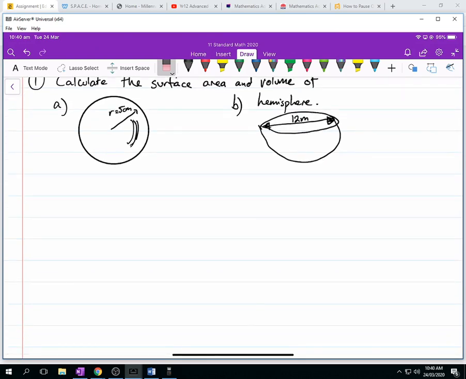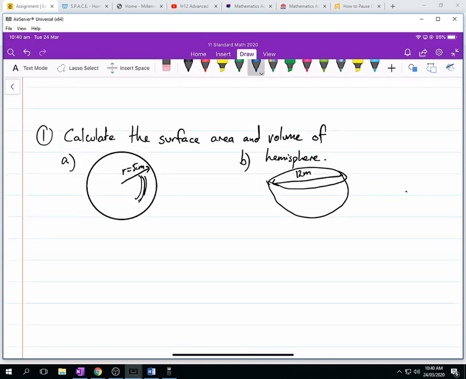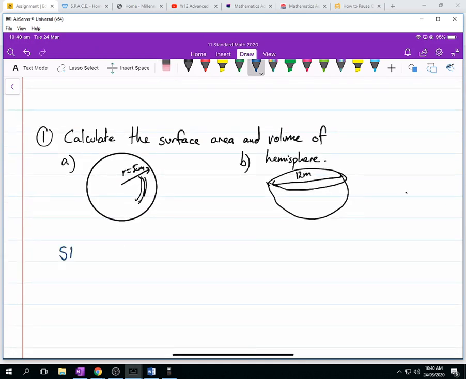So I've asked you to look at two things in this do now: the surface area of a sphere and hemisphere, and also the volume. We should know from our formula sheet that the surface area of a whole sphere is 4 pi r squared. We should write down the formulas and then go through.